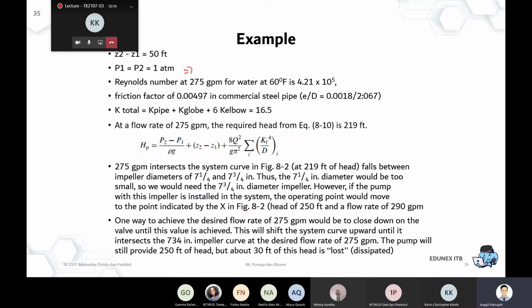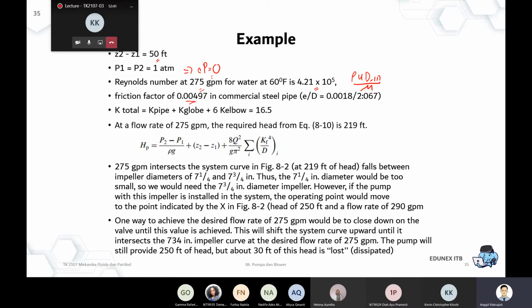Okay, so the delta Z is 50 feet, the delta P is 0, the delta V is 0, the Reynolds number at 275 GPM is this number. You can match that coming from rho U D per mu.